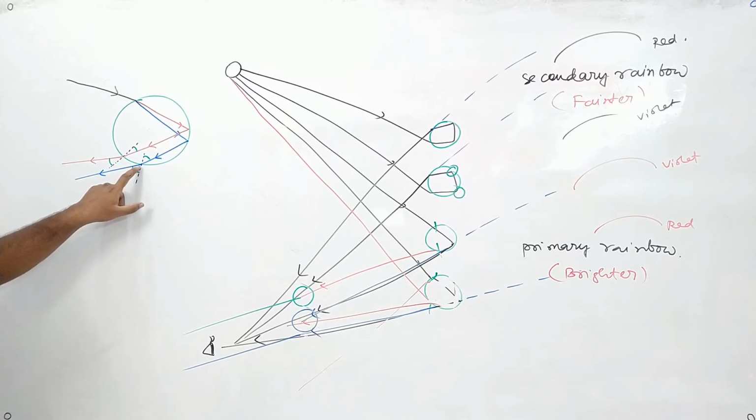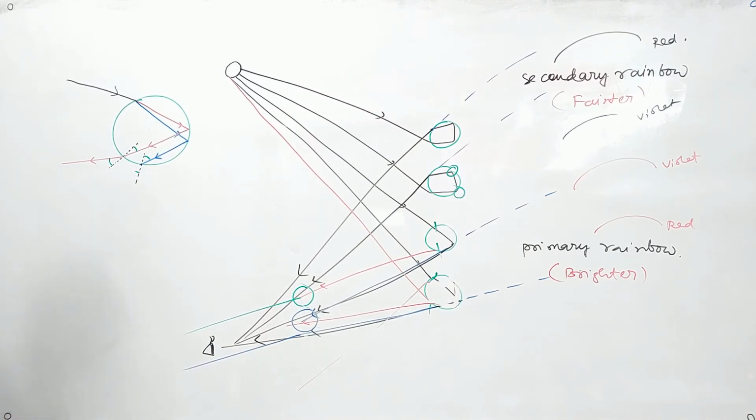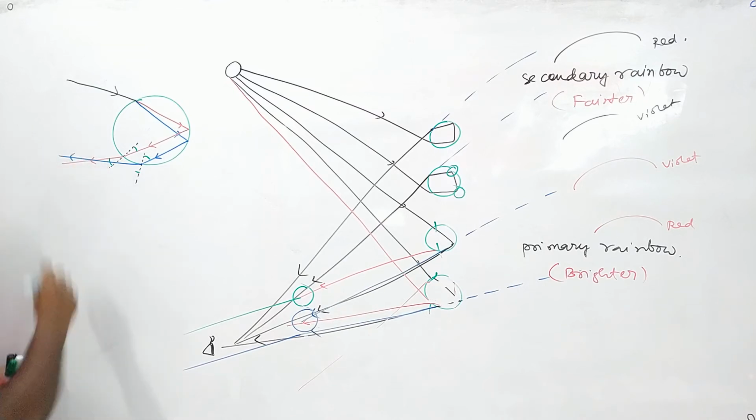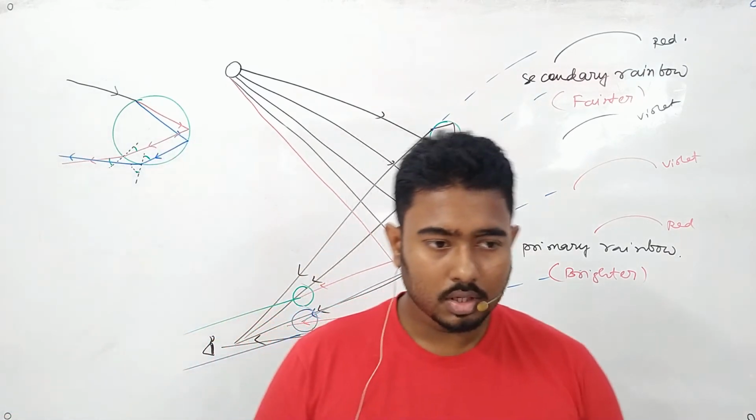So we need to bend the violet a little more. Okay. Now if I bend the violet a little more, then the violet will be like this. Is that clear? So in this case, now it is justified because the refractive index of violet is more than refractive index of red.